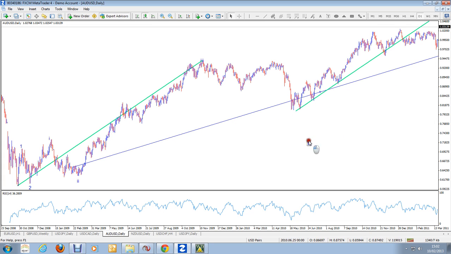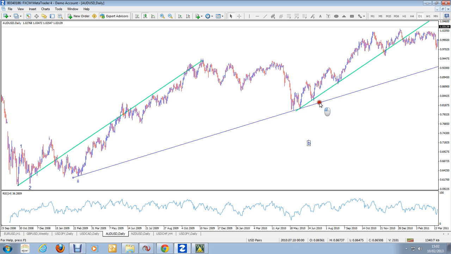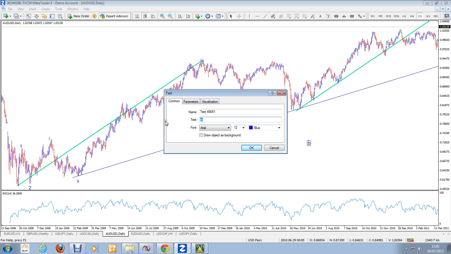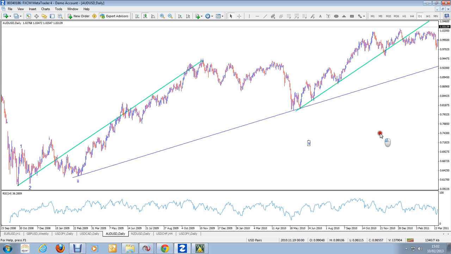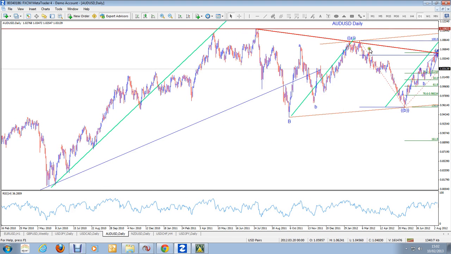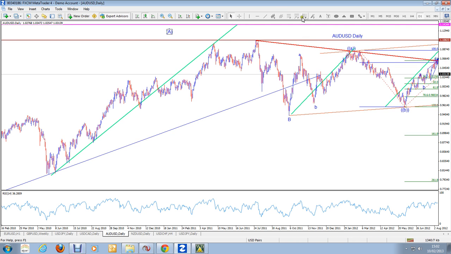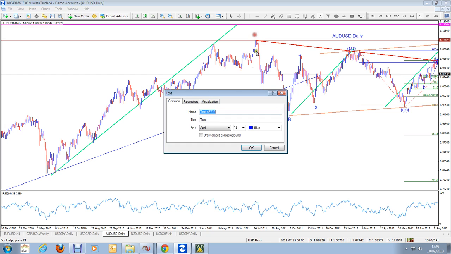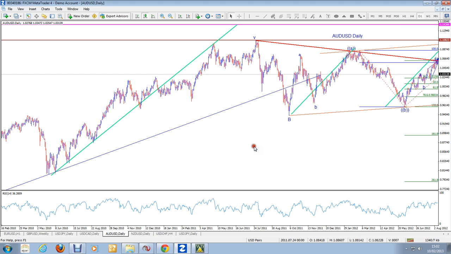Sometimes the numbers are so close you can't separate them. Okay, so I'll edit it now. So this one is wave 4, and then this high we had over here is wave 5. So that 5 also completes this wave 3.